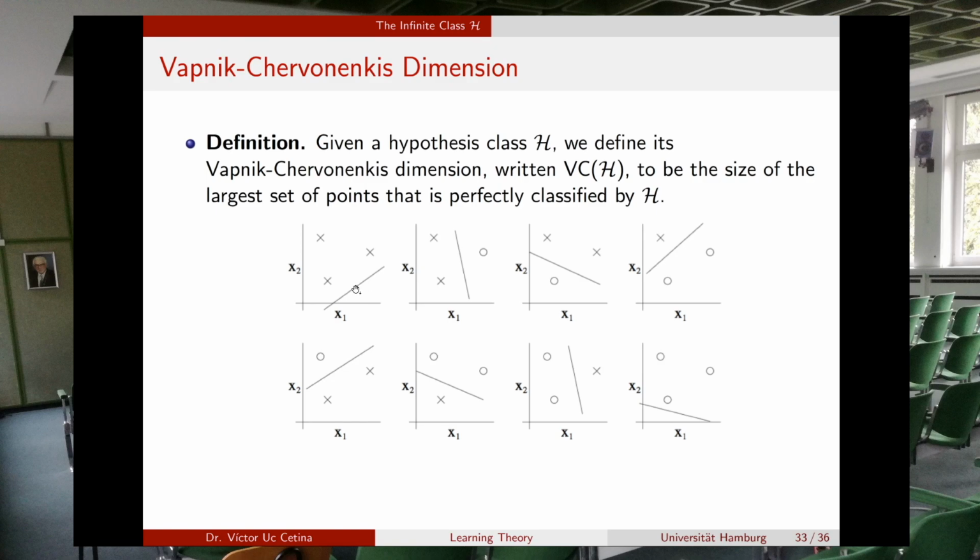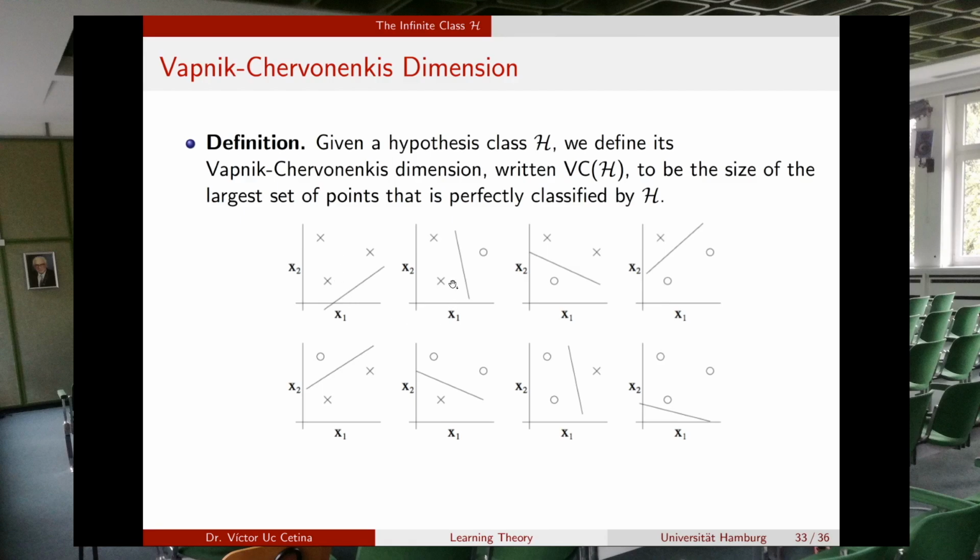And consider 3 points. In this first plot, we have 3 points, and all of these are from the same class. They are crosses. So if we want to perfectly classify these 3, we can draw, for example, our line here and say everything above this line is going to be a cross. And we have solved this instance of the problem.